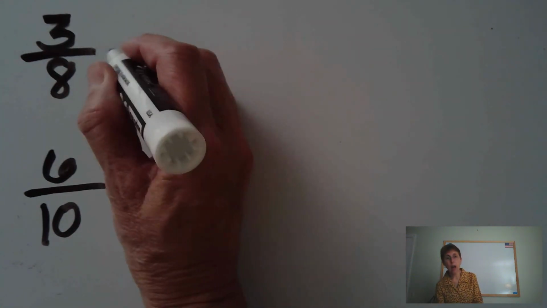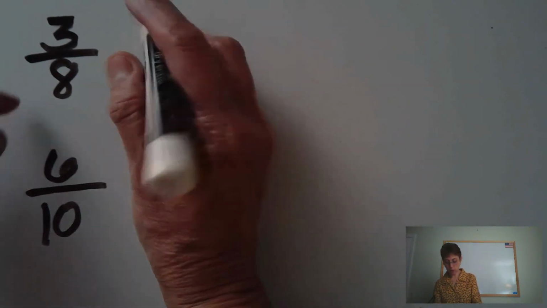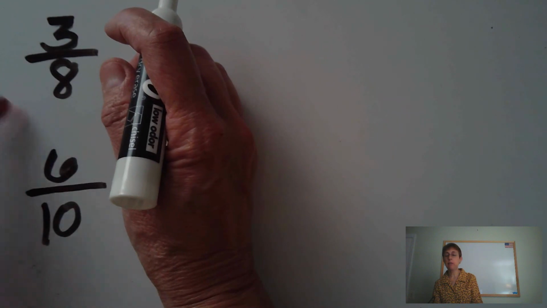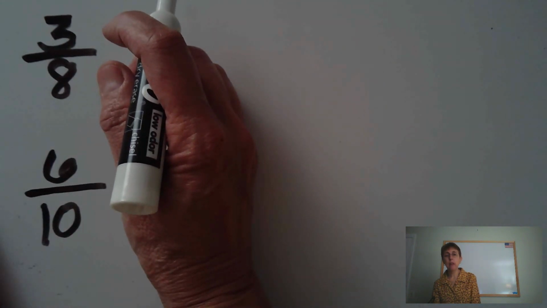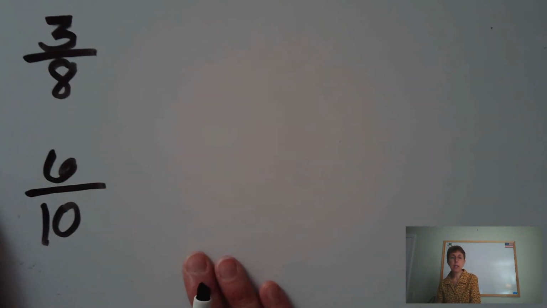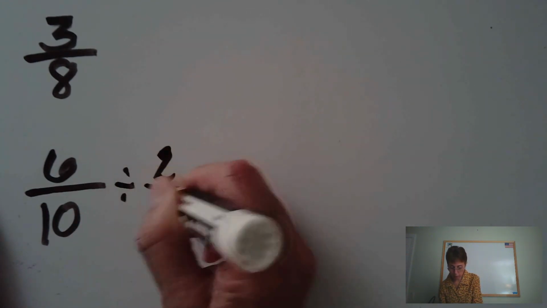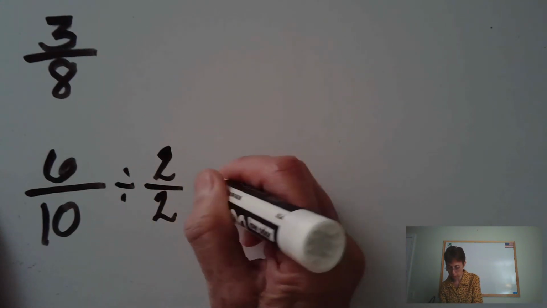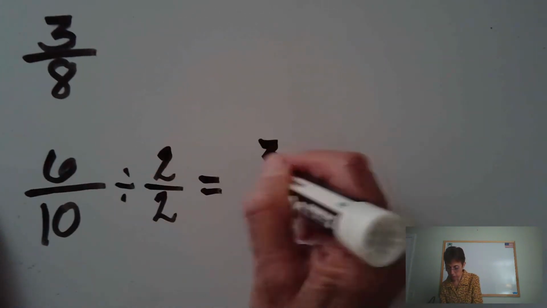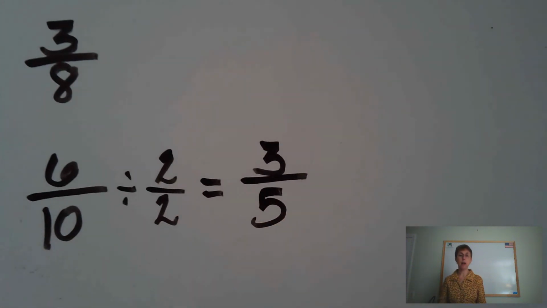Well, after going through 2/2, 3/3, 4/4, you should realize that for 3 and 8, there's nothing that we can divide them both by, so 3/8 is already reduced. And 6/10. What can we divide 6 and 10 by? We can divide them both by 2, so we use 2/2, and 6 divided by 2 is 3, and 10 divided by 2 equals 5.